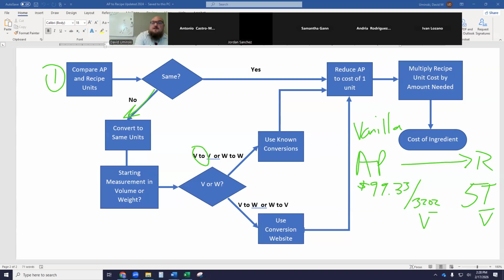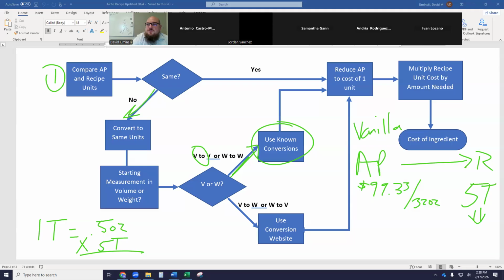So if it's volume to volume, we're going to use the known conversion. So how do we get tablespoon to ounces? Every tablespoon is half an ounce. 1 tablespoon is equal to half an ounce. So if we have 5 tablespoons, we get 2.5 ounces. So these 5 tablespoons become 2.5 ounces.